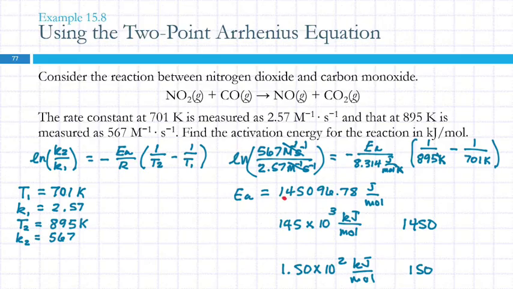We need to put it over here. 1, 2, 3, 4, 5. So, yeah, I tried to take a shortcut and it was a bad idea. So 1.45 times 10 to the 5th joules per mole.